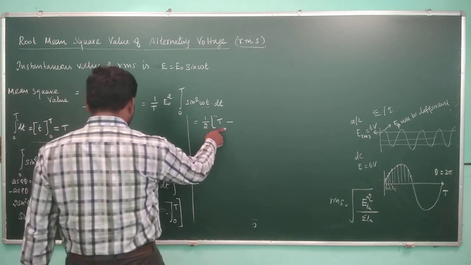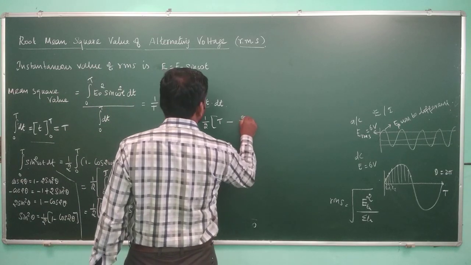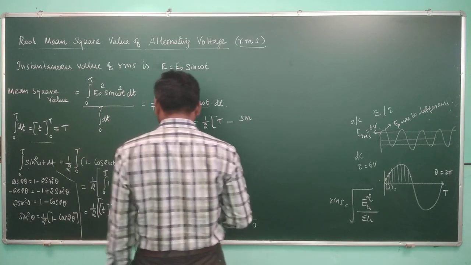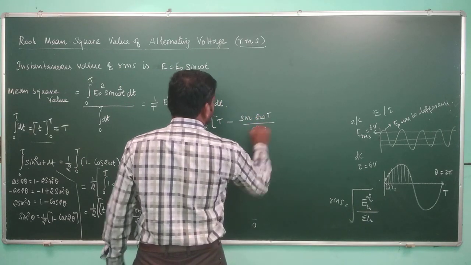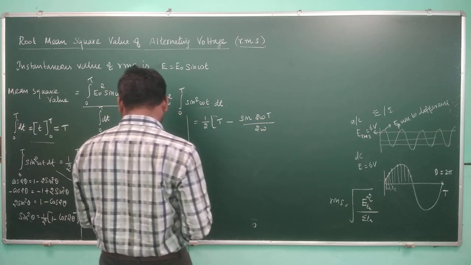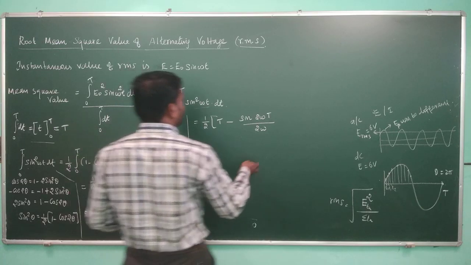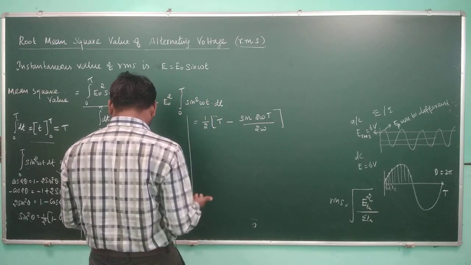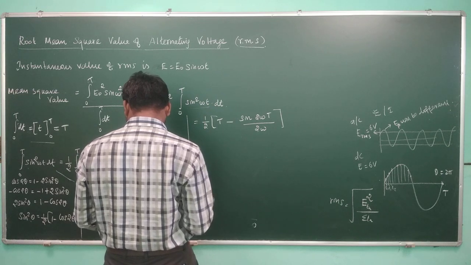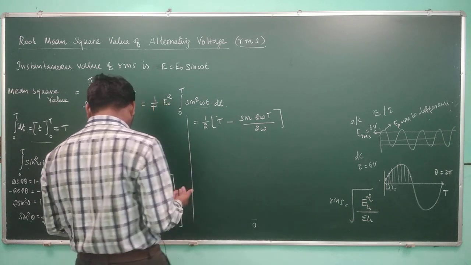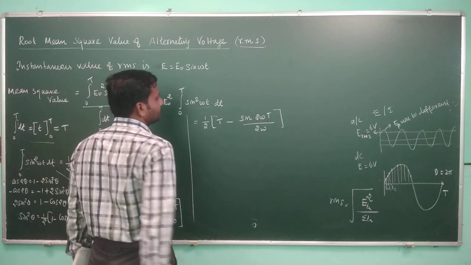So 1 by 2 times T minus sine 2 omega t by 2 omega.